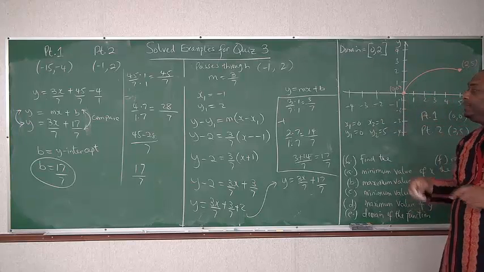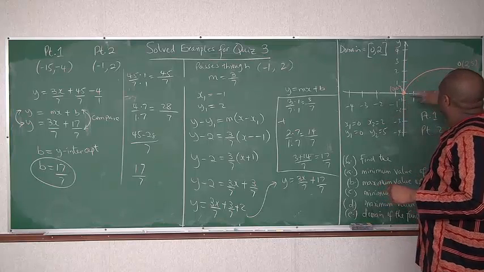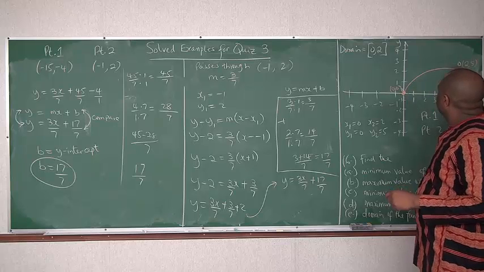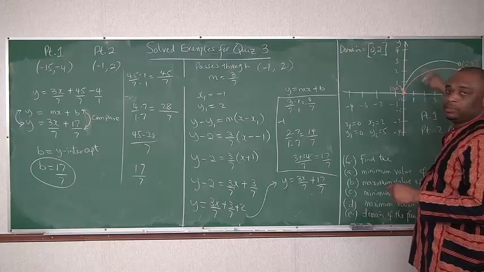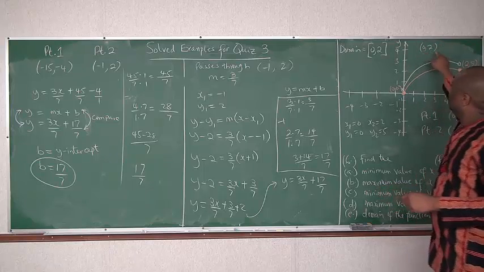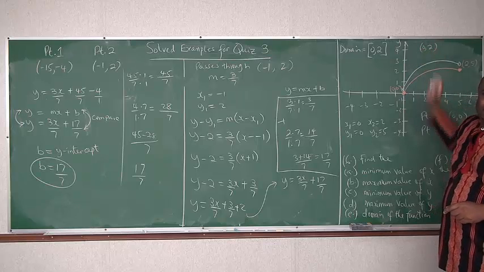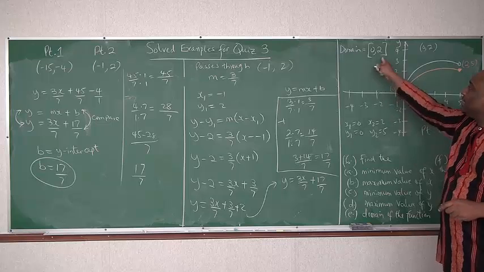If it was an open circle, then it would be parentheses, which is an open interval. This is a closed interval.